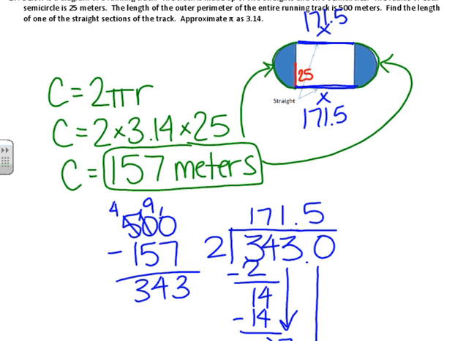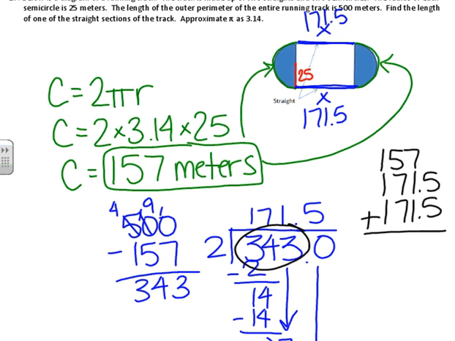Okay, in green, both of those are 157, and in blue, both of those should be the 171.5. Okay, so 171.5, 171.5, and we'll add them up just to be sure.